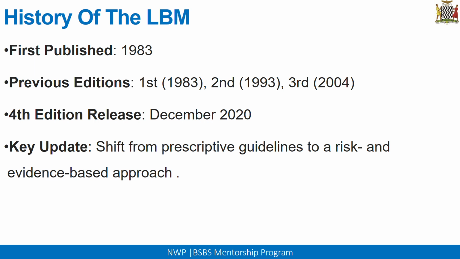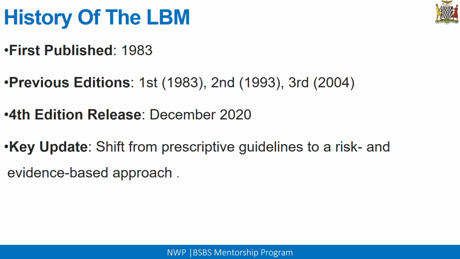The first publication of the Laboratory Biosafety Manual was in 1983. That's when the first ever edition came out. Then there was a second edition that was released in 1993, so it took about 10 years for the second edition to come out after the first.